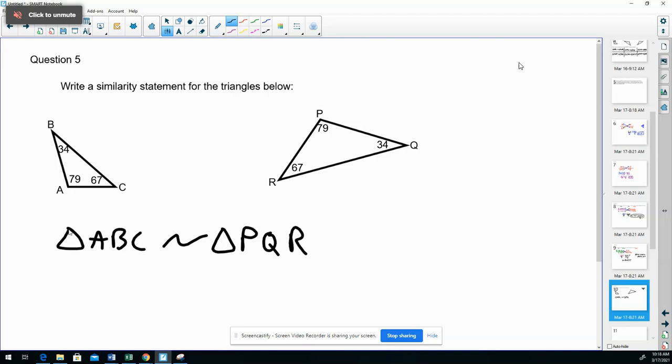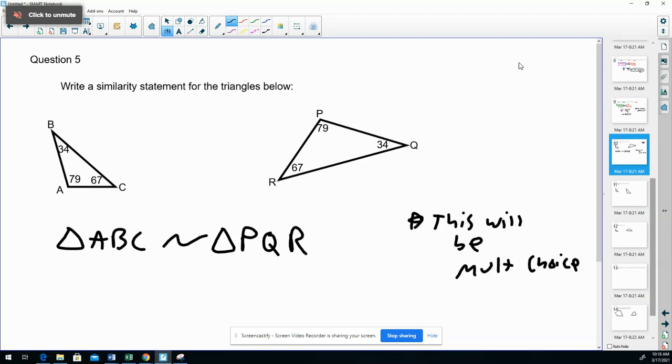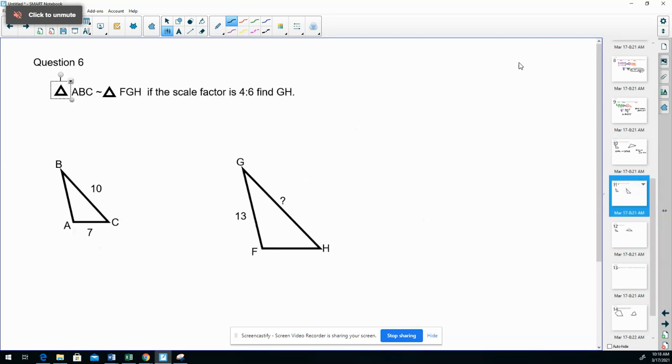And then R matches up with C, they're both 67. Okay, and this is going to be a multiple choice question, simply because you can't really write the triangles in the math software, so we'll make this a multiple choice question.